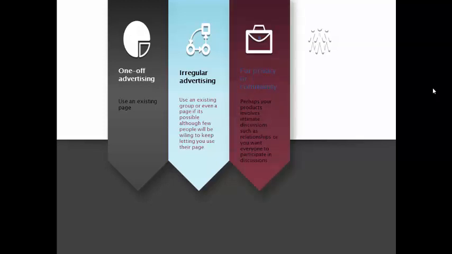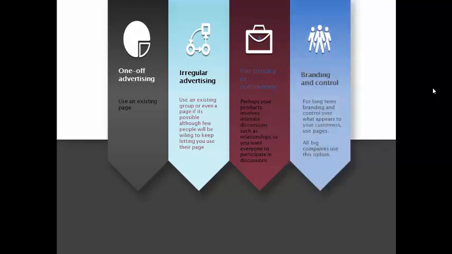If you want some privacy or you want to form a community, maybe you have products that involve some kind of intimate discussions. Like when we were looking at those groups in the previous section, we saw some of them talk about marriage, relationship. Some of these topics might be private, and maybe you want to keep a closed community. In that case, you would need to create your own group. If you want branding and control, for long-term branding and control, the best is to use a page. This is what the major companies do.